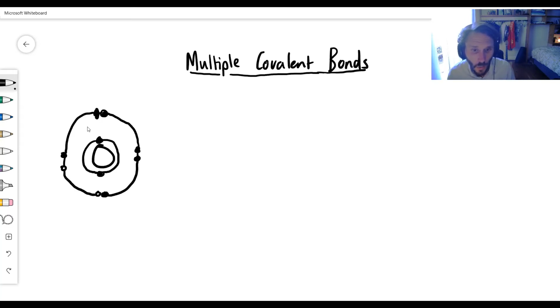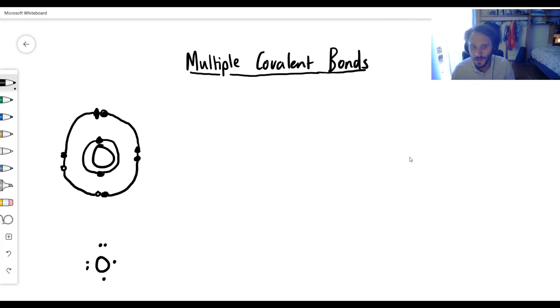It's not quite happy. It's got 6 electrons in the outer shell. 1, 2, 3, 4, 5, 6. So if you had to draw oxygen just in terms of the outer shell, it would look like this. 1, 2, 3, 4, and then we've got 5 and 6.